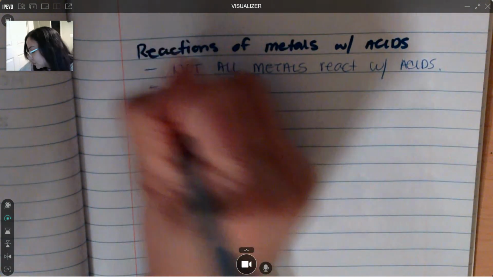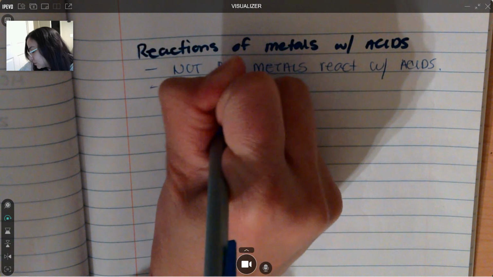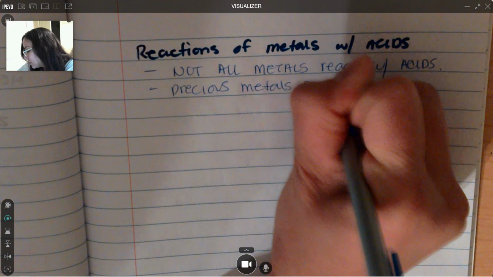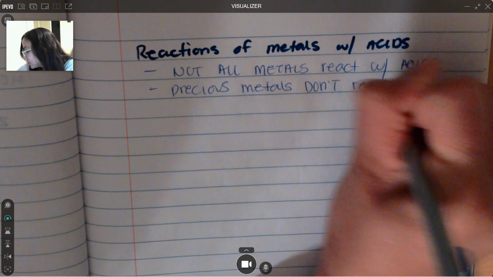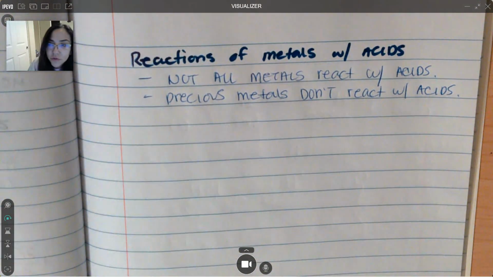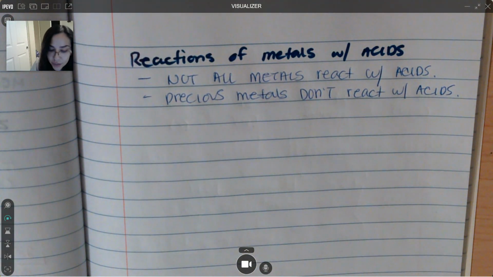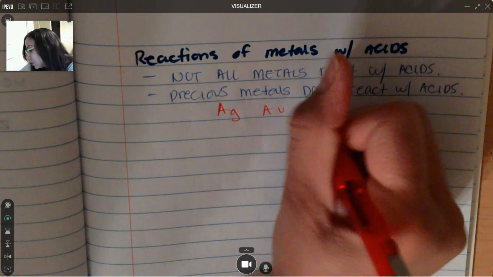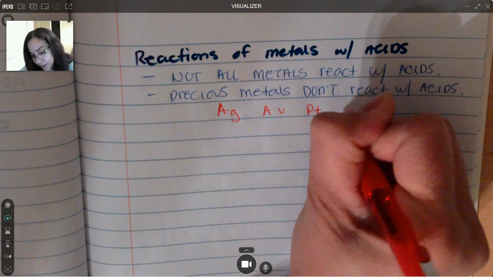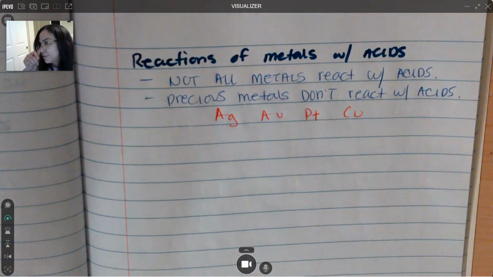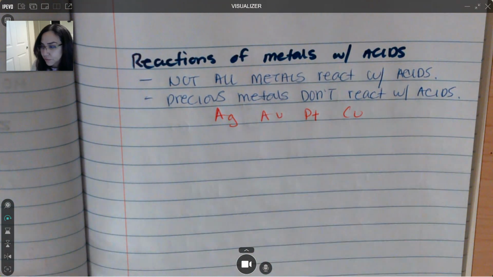Precious metals are silver and gold. Those are considered your precious metals. Let's write those down: silver, gold, platinum, and sometimes copper. Copper is more reactive than the other ones, but I'm going to put it in the list.